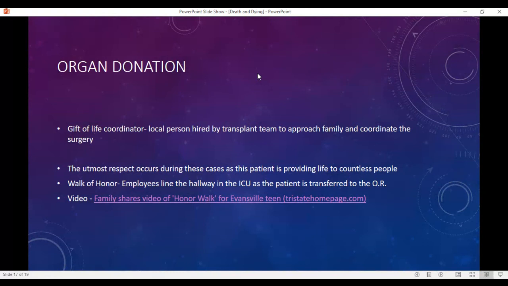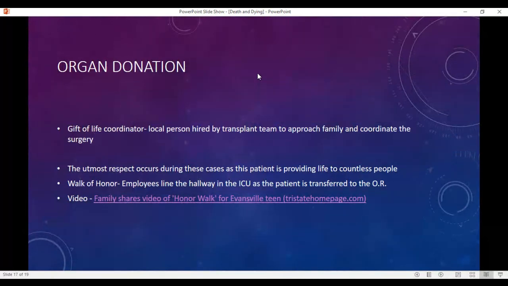After the surgery is done, the organs are taken and given to people on transplant lists. And one of the coolest things about being part of that OR team is that we all receive a letter from whatever transplant team came to our facility. So whether it be OHSU or Stanford, you get a letter saying thank you for your time and efforts in this surgery.